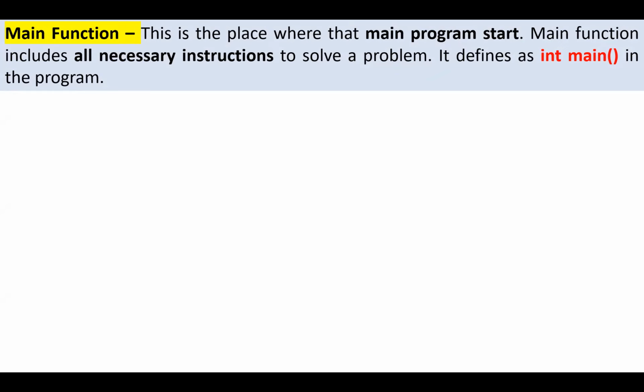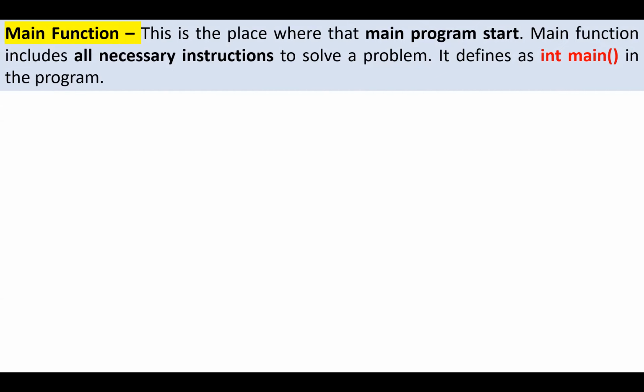In this main program, you want to include all necessary instructions required to solve your problem. How are you going to solve your problem? All the inputs, all the logic, all the types of outputs, everything you want to include within this main function.